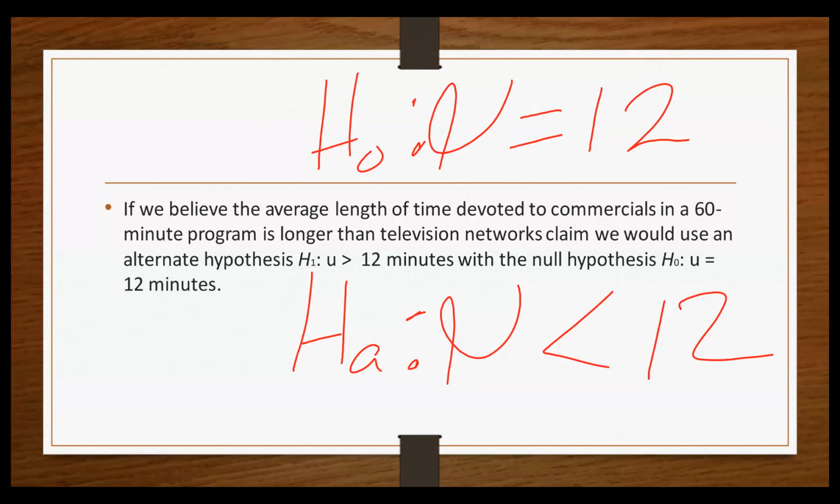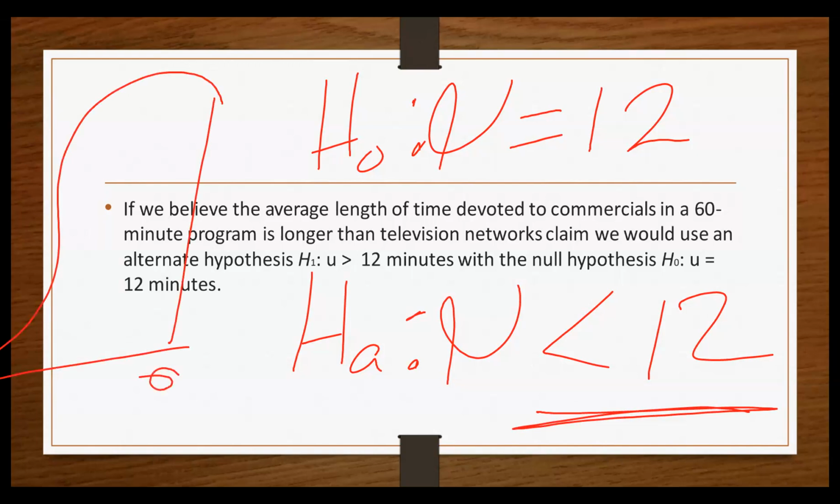If your alternative hypothesis is less, it shows that the data is tilted to the left, to the negative side, so it's single-tailed. It goes from 0 to the left. So when you have your alpha, the level of significance, you don't have to divide it by 2, because the test is single-tailed.